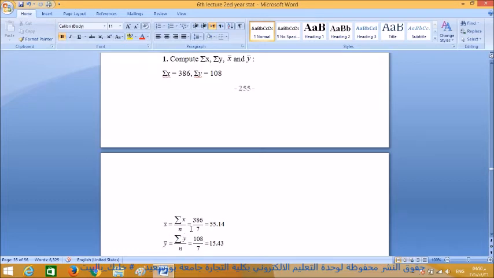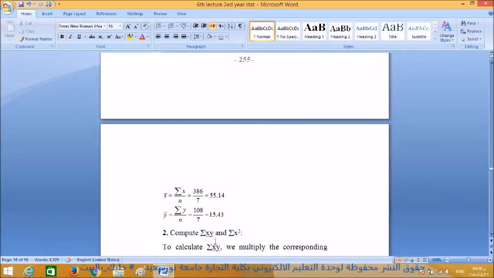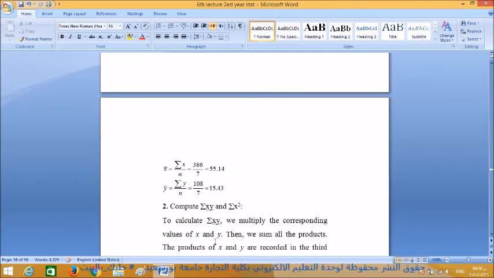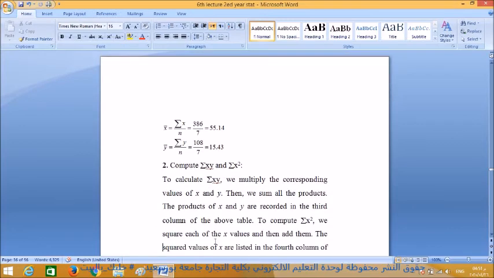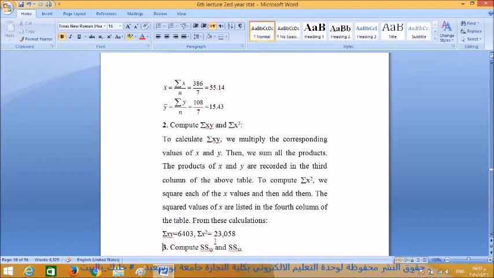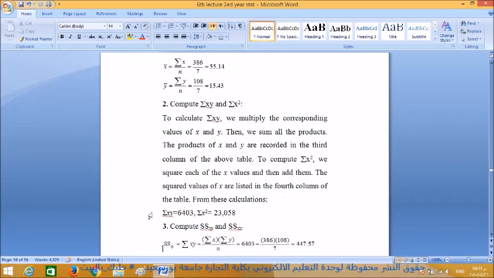Then get X bar, sigma X over N. So X bar equals 55.1 and Y bar equals 15. Then compute sigma XY and sigma X squared. Sigma XY is the summation of the third column. Sigma X squared is the summation of the last column.